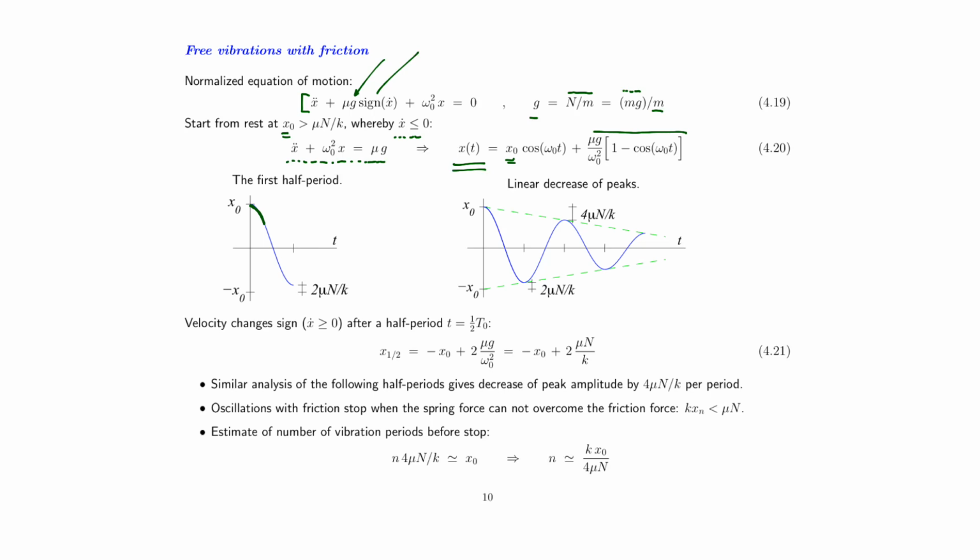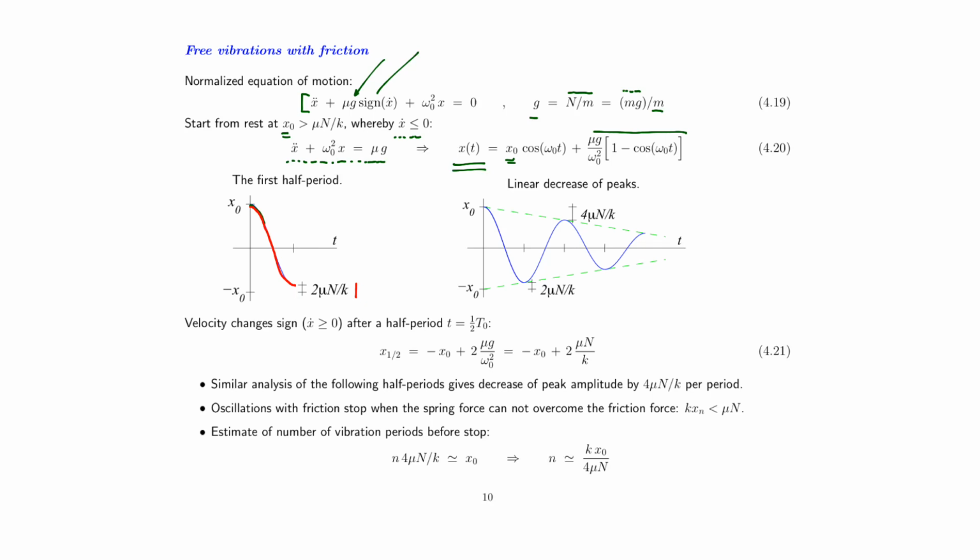If we plot that, it turns out, as illustrated in the first figure here, that we start out from x0, and then we end up at the minimum point, where we have a reduction in amplitude equal to 2 times mu n divided by the stiffness of the structure, k. So our friction mechanism dissipates energy, resulting in a reduction of the amplitude for this free vibration solution.